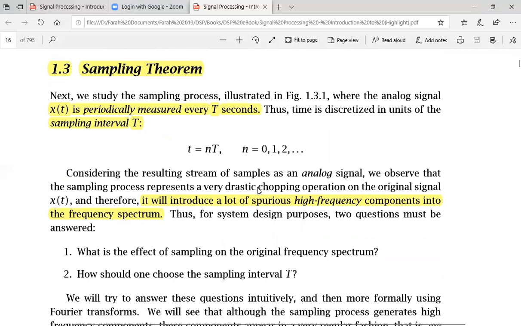Here we are assuming x(t) is a continuous signal, and this x(t) is periodically measured every T seconds. It means this x(t) is a continuous signal and it is being sampled after every T seconds. That means T is your sampling interval, or your sampling time.